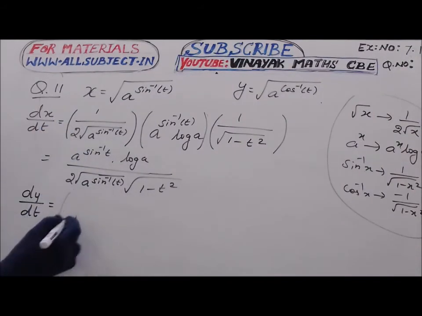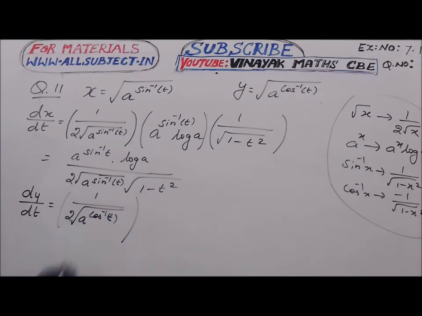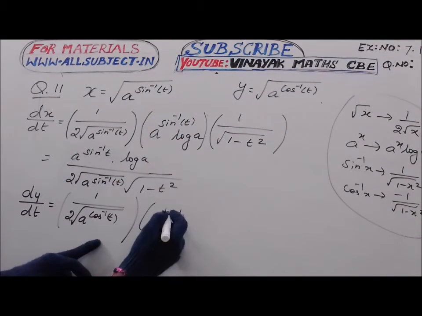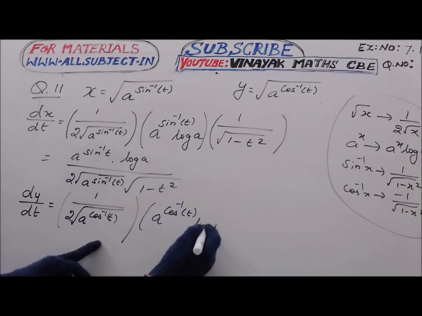So this is easy to complete by the previous answer. 1 by 2 into root of a power cos inverse of t, and then by root x we have completed. And then for a power x it is a power x log a.